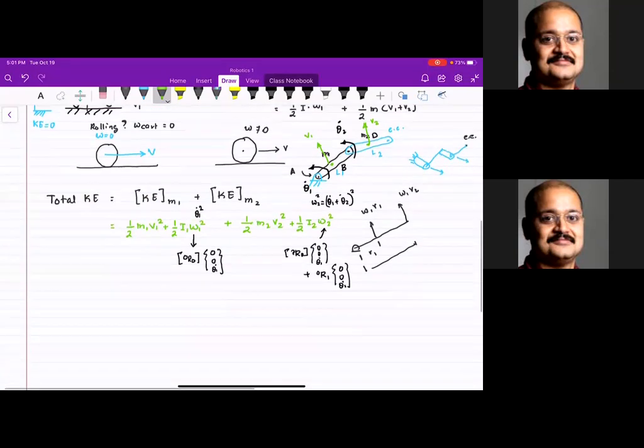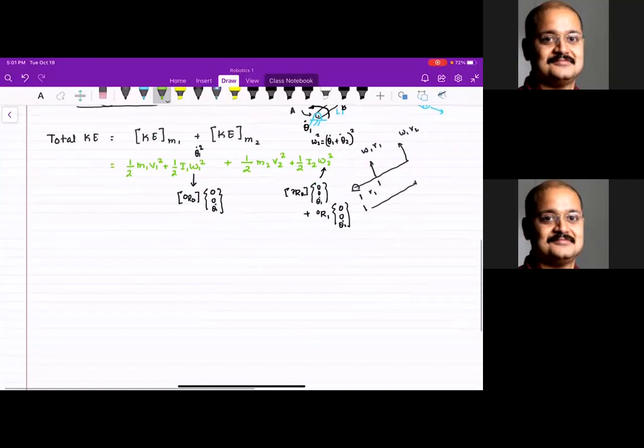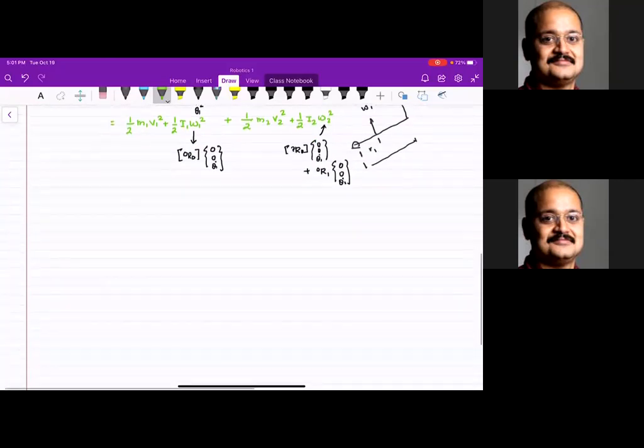Okay. Now, what I want to do is take a few examples. And actually, I want to write the velocities and the Jacobian and take this opportunity to think about how we can derive the kinetic energies, because in all the problems, this is going to be our central theme.